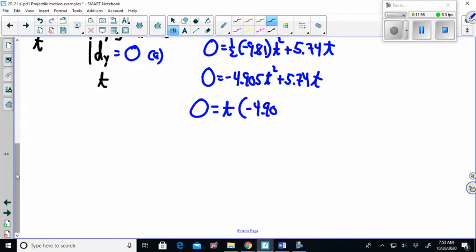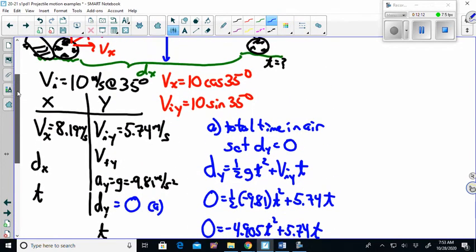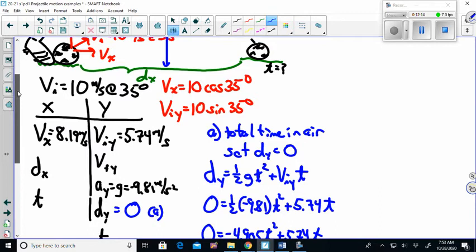Negative 4.905 t plus 5.74. So either t is 0 or this part is 0. T is 0, right? The height is 0 when the time is 0 at the start. That's not the one I want.